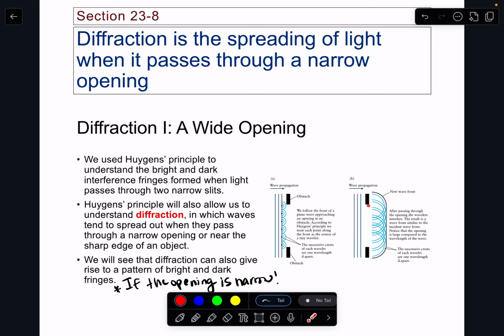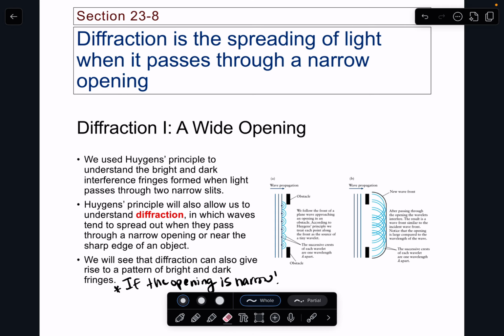And remember, they're all going to act as little individual sources. And then when they spread out and hit a screen or a wall, you're just going to see the outline of the doorway, right? If you're shining a flashlight through a doorway, you're just going to see on the wall on the other side of the doorway, like a rectangular beam of light, right?